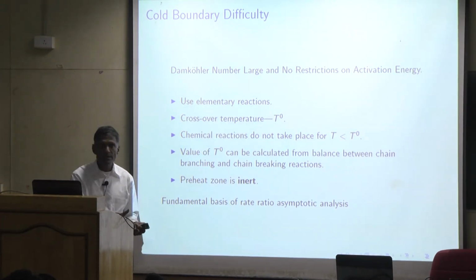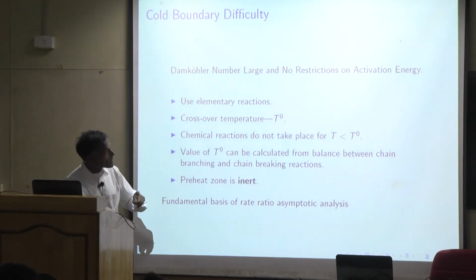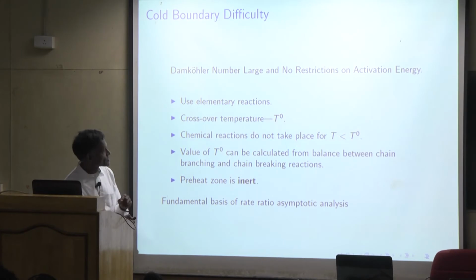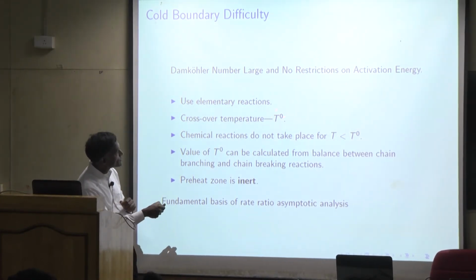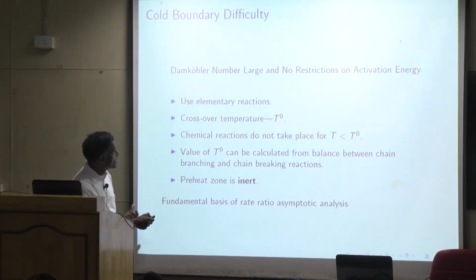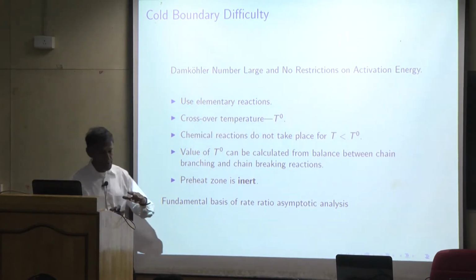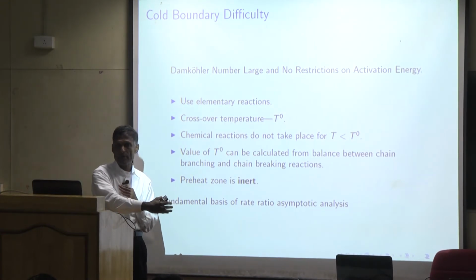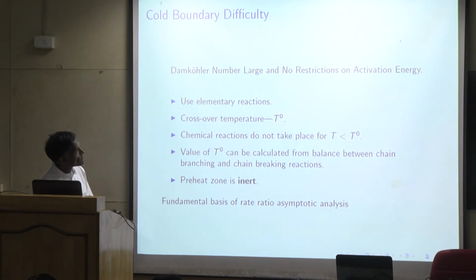Unlike von Karman's definition of the ignition temperature, which does not have a fundamental basis, this crossover temperature has a very fundamental basis. We can derive it from fundamental physics. If the temperature is below the crossover temperature, chemical reactions do not take place, and above it, chemical reactions take place. That is the most important concept which comes out of rate ratio asymptotics.